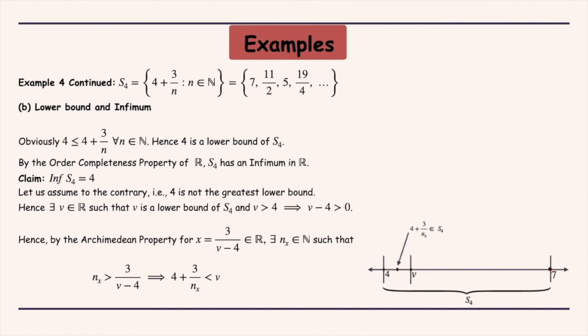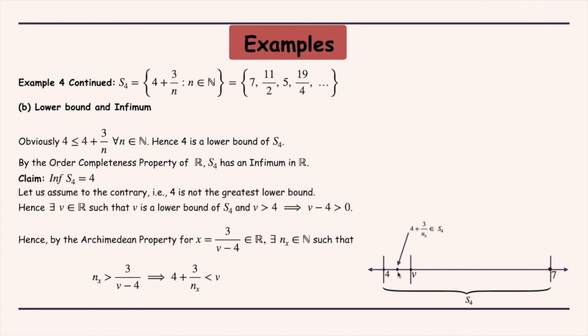Let's see it on the number line. We have this set S4 which is bounded below by 4 and bounded above by the number 7. We have assumed that there is a number v which is bigger than 4 and which is a lower bound for the set S4. And by the Archimedean property, we have found a number 4 plus 3 by nx which is less than v, so it would lie somewhere here.